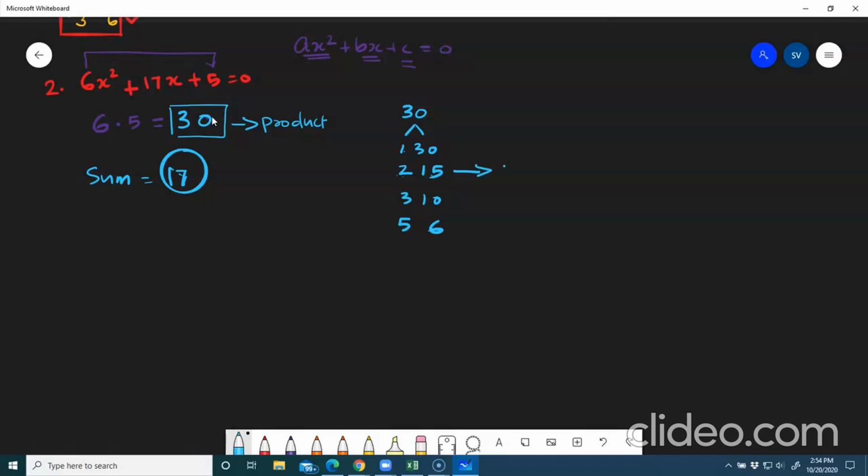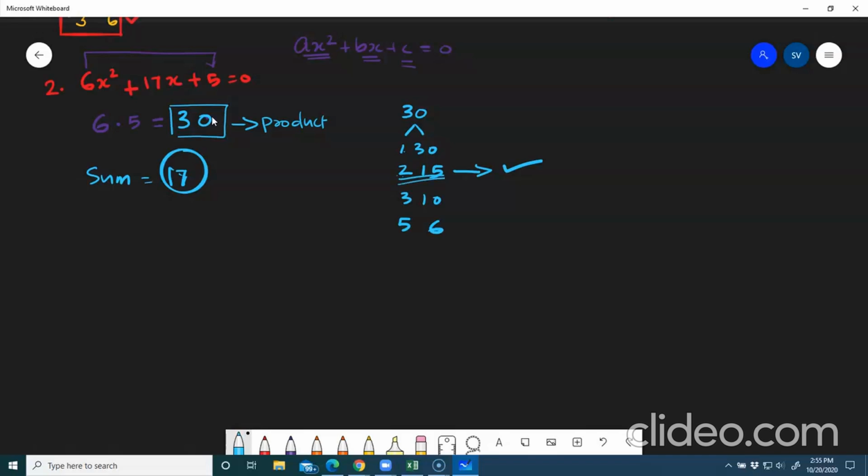This is satisfying. 3 times 10 is 30, but 3 plus 10 is not 17. 5 times 6 is 30, but 5 plus 6 is not 17.